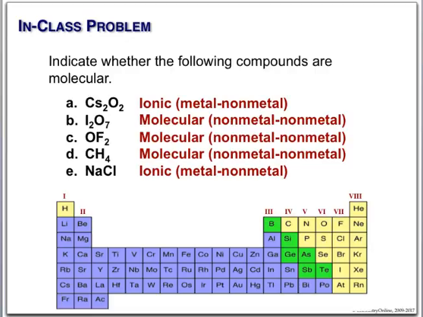Mostly, we want to understand that elements want to get to the octet, one way or another, and that the group numbers going across 1 to 8 will tell us the number of valence electrons we're dealing with. We can either share these to make a molecular compound or transfer them to make ionic. The one tutorial that you can do for your 5 points for this chapter is the electron configuration. It's a little tricky. Try it. It should work.